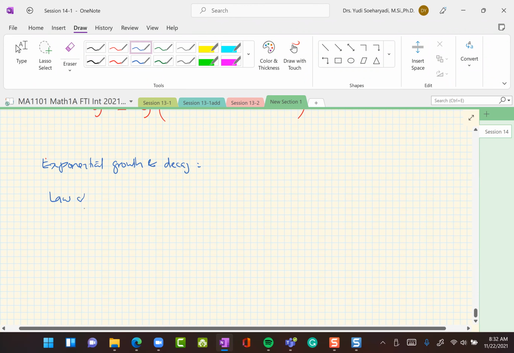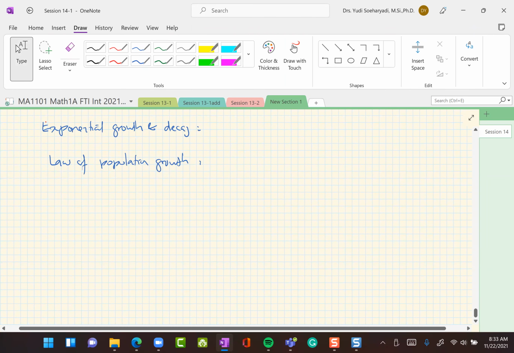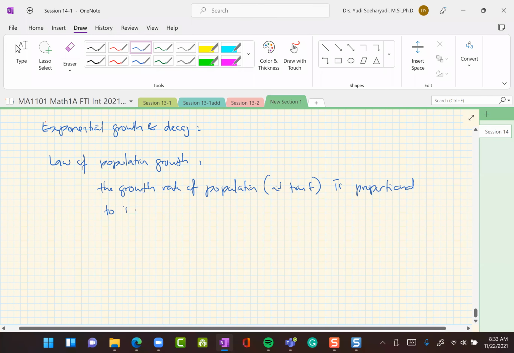For example, the law of population growth basically says that the growth rate of a population at time t is proportional to its size.